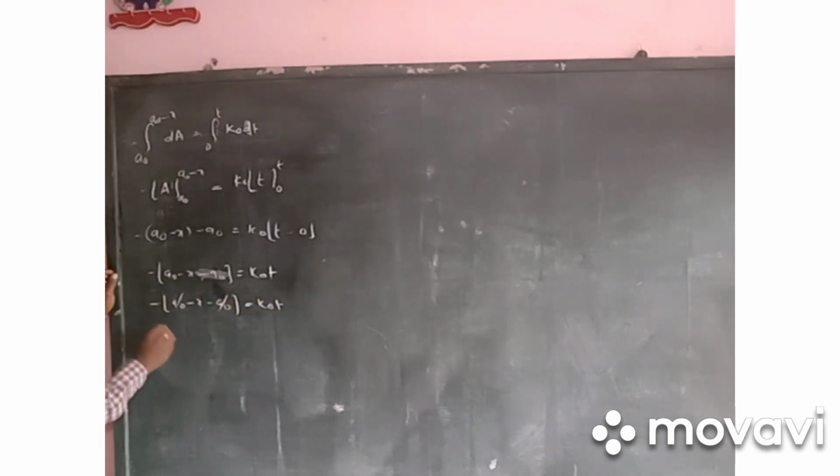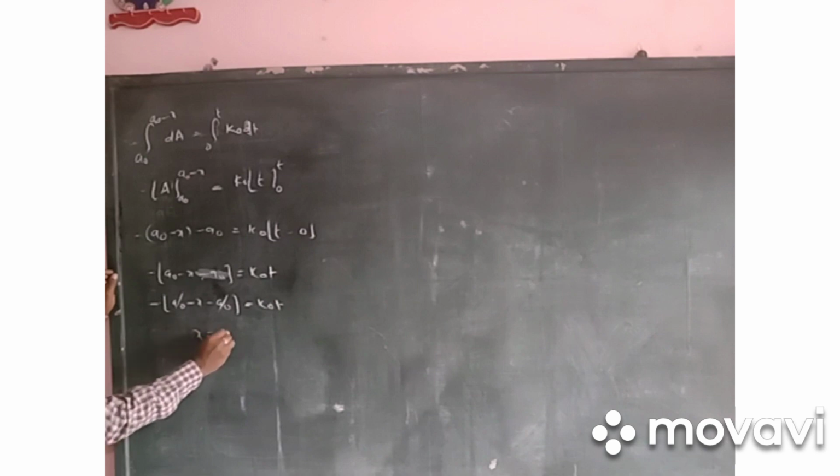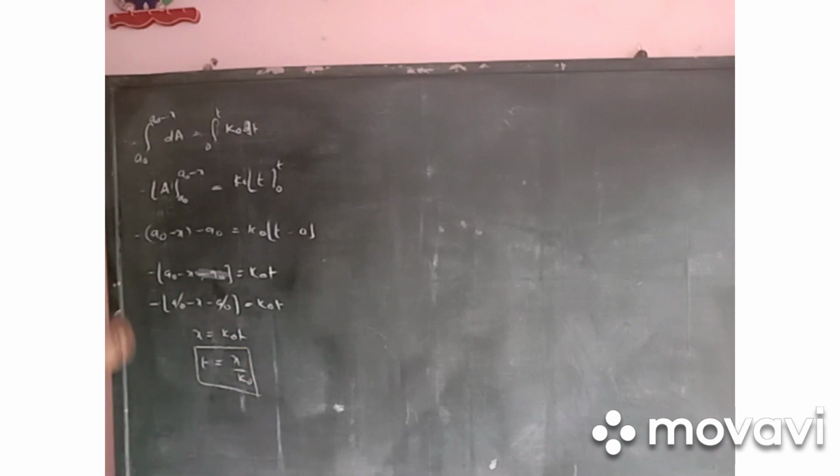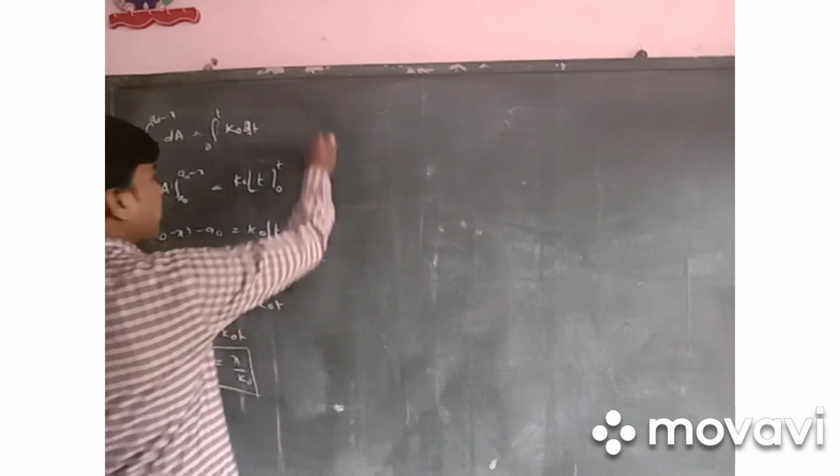A naught gets cancelled, minus into minus is plus. So x is equal to k naught into t, so t is equal to x by k naught. This is also one of the expressions for the zero order integral rate equation.